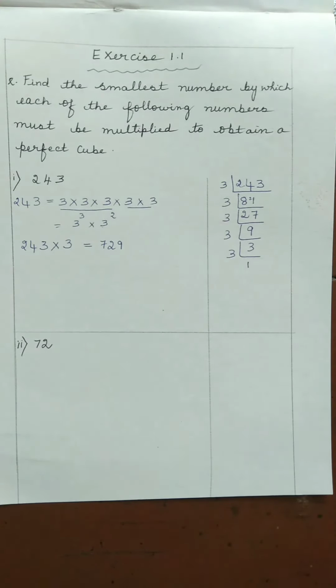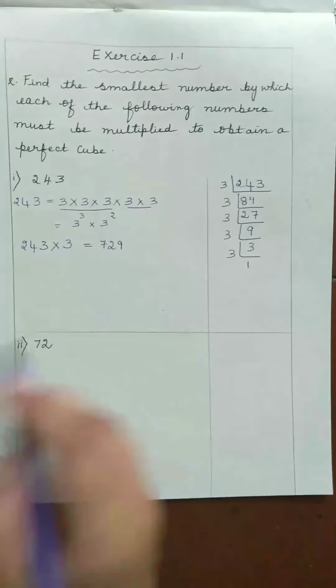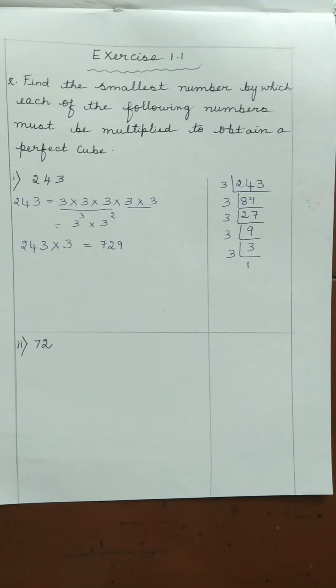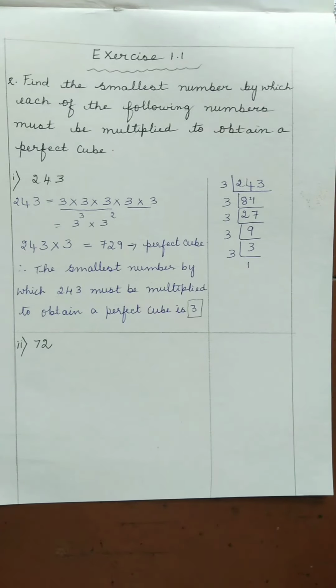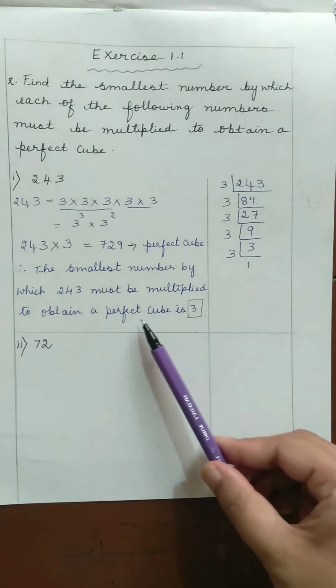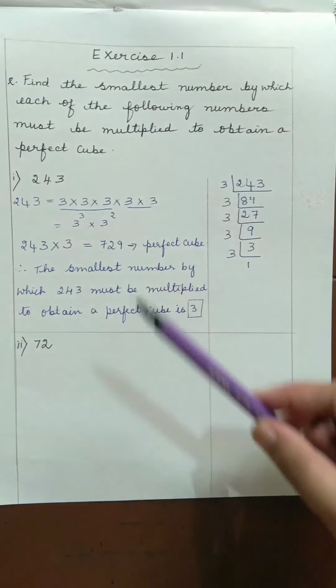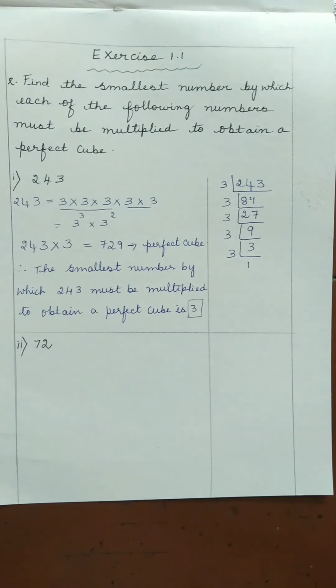Therefore, when we multiply the number 243 by 3, we will obtain 729, which is a perfect cube. Therefore, children, the smallest number by which 243 must be multiplied to obtain a perfect cube is 3. This is the solution to the first problem, 243.